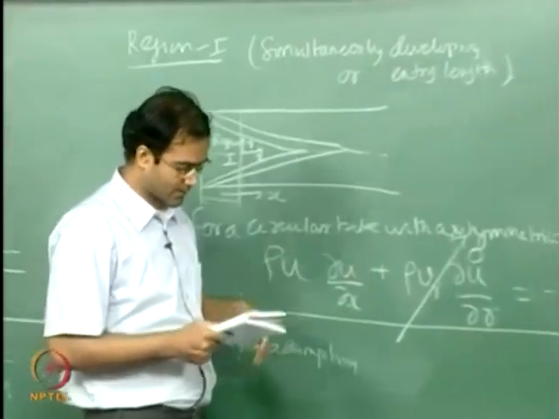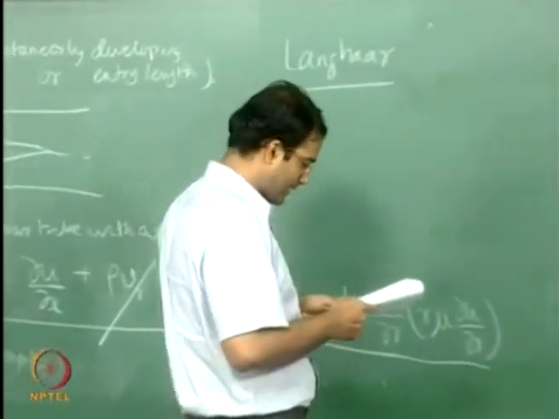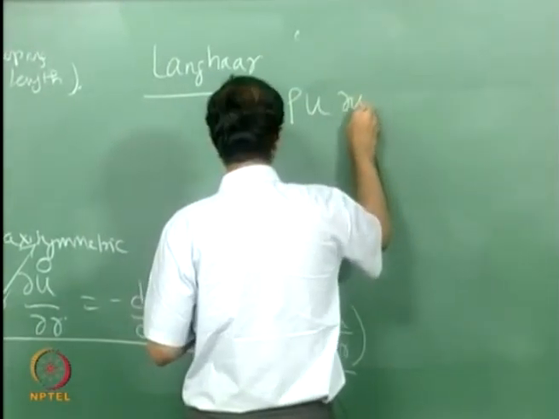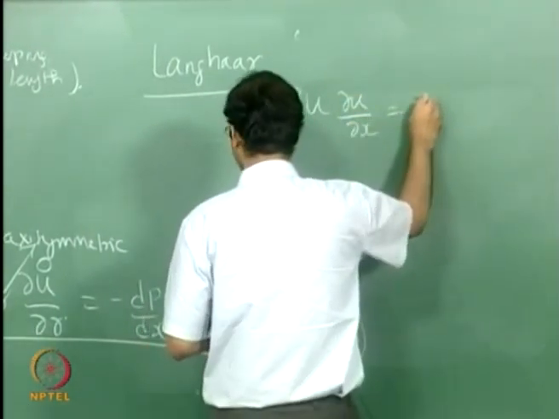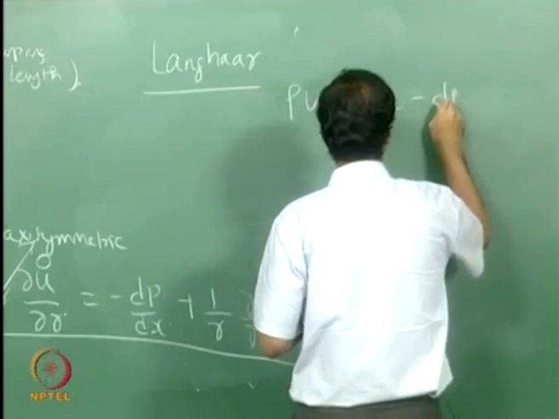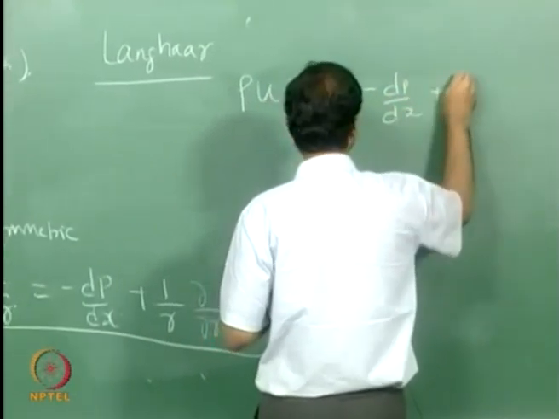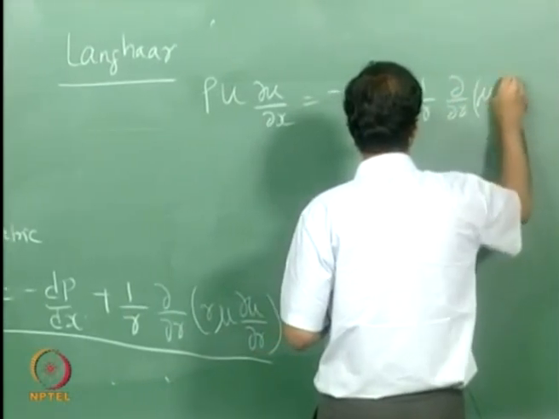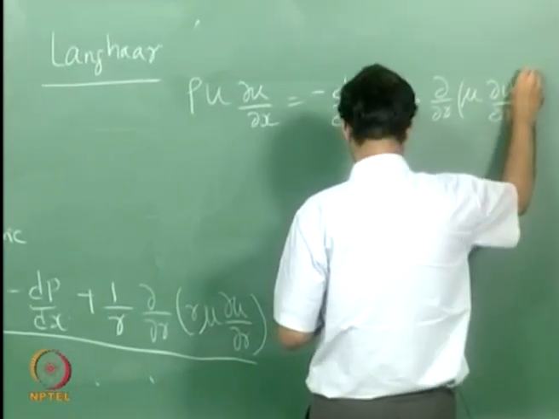He solved this equation numerically, and so the resulting equation which he solved was rho u du by dx equal to minus dp by dx plus 1 by r into d by dr into mu r du by dr.